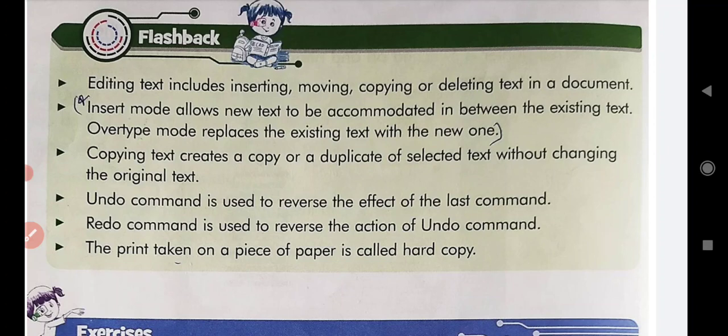Then copying text. Copying text creates a copy or a duplicate of selected text without changing the original text. Whatever text we have selected in the document should be copied, and we get a duplicate of that selected text.